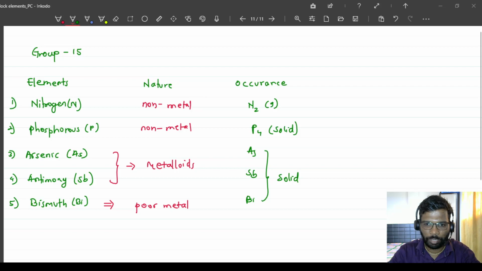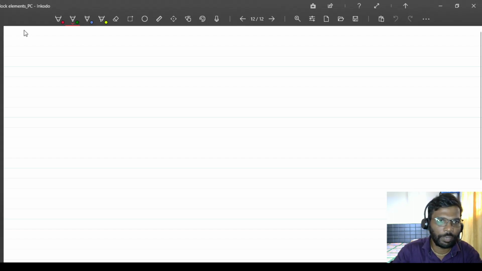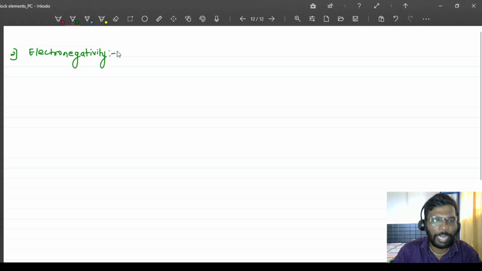Next property, here we learned about the nature and the occurrence. Next property, we will learn about the electronegativity. Electronegativity is the tendency of an element to attract the shared pair of electrons towards itself in a covalent bond. This is what we know from our previous studies.